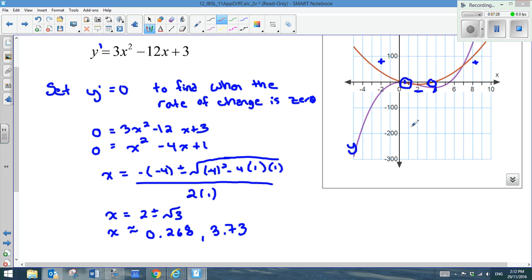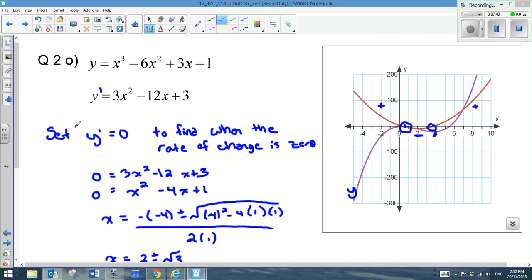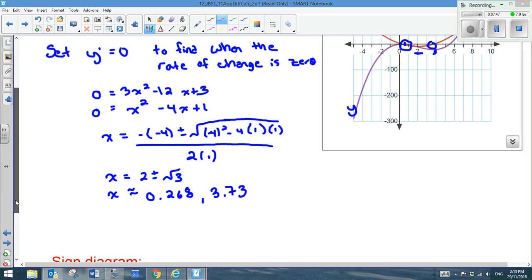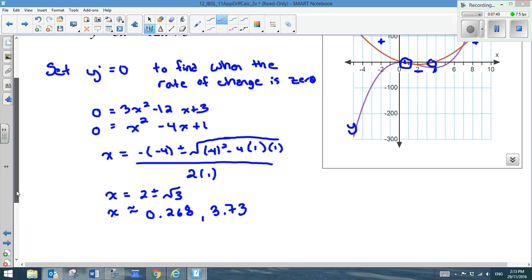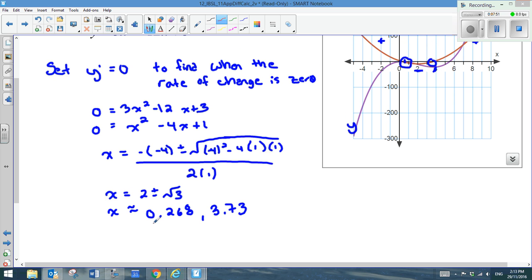So we're starting to pick up on patterns here. Our derivative hits the x-axis every time that our original function changes direction. So remember, we're using our derivative to tell us information about our original function. So our original function is what we really want to make sure we are describing when we write any kind of conclusions. So first of all, we found our x-intercepts, which means we have found 2 changes in direction.